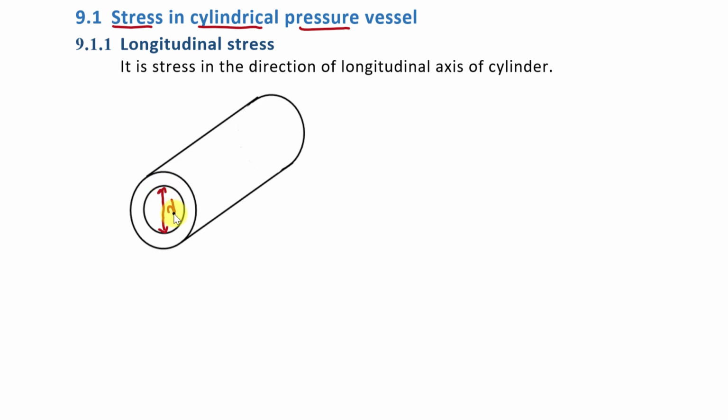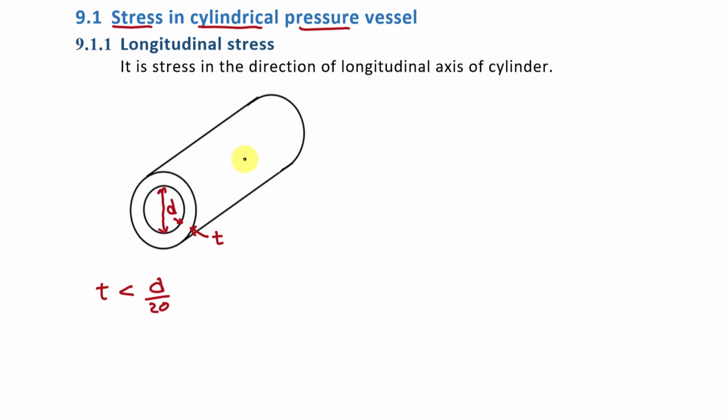Let's say it is small d, and this is the thickness of pressure vessel, that is small t. Now here we are assuming that thickness of this pressure vessel is less than diameter by 20. Means here we are assuming that the cylindrical pressure vessel is thin pressure vessel.